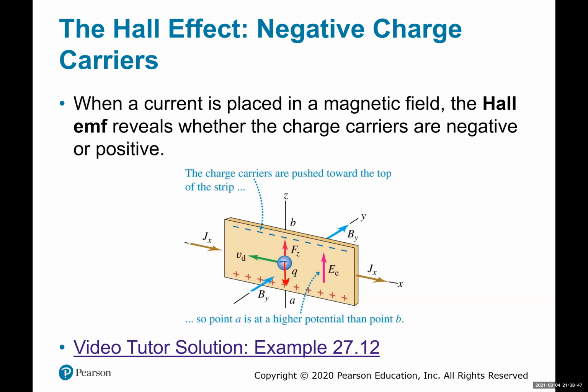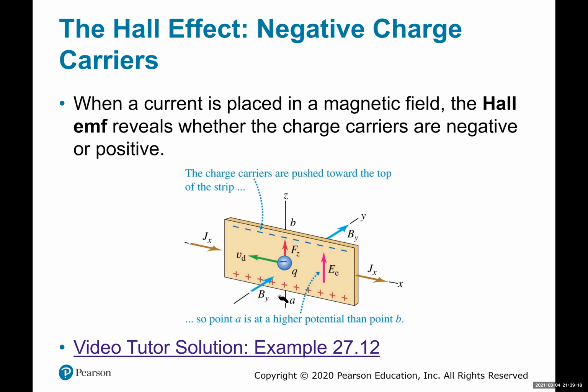So this all finds a stable equilibrium with the top negative relative to the bottom. So if we have access to information about the relative orientations of all these things, if the top is negative relative to the bottom, then the charge carriers must be negative because they're the things that are moving.